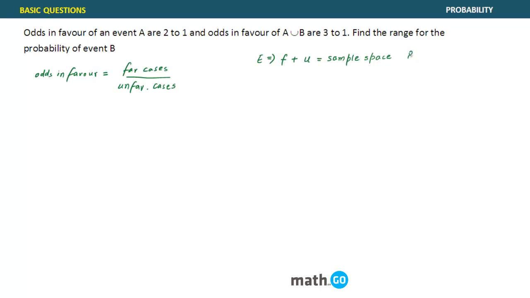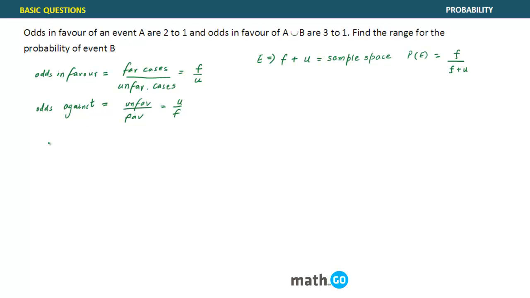Our probability of the event occurring, the favorable one, was f upon f plus u, whereas odds in favor is nothing but f by u. This is what it means. And odds against is similar: odds against is nothing but unfavorable by favorable. This is the opposite of odds in favor.